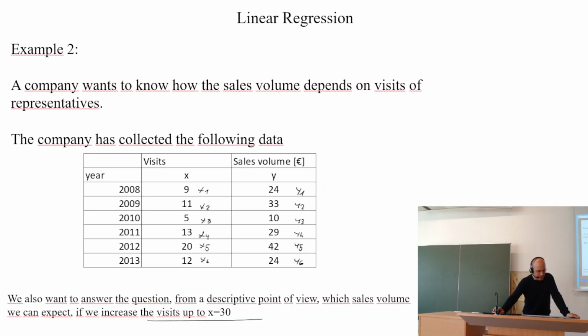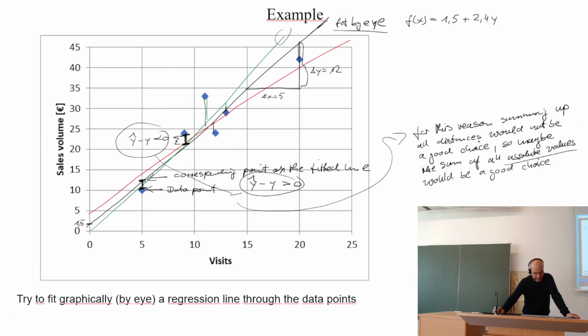In general, we would hope that the number of visits and the sales volume have a positive dependence, which we can see in this diagram of our data. If I hire a new person and can then double the visits, what impact would this have on my revenue?